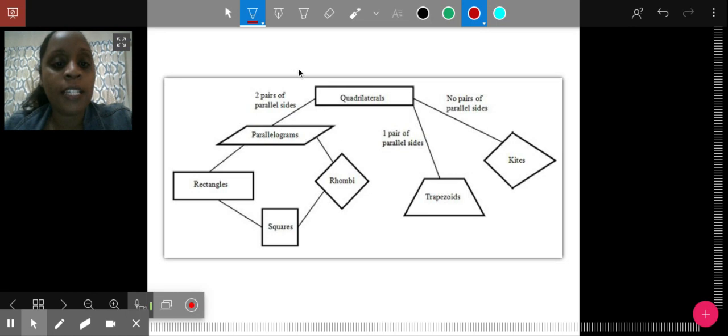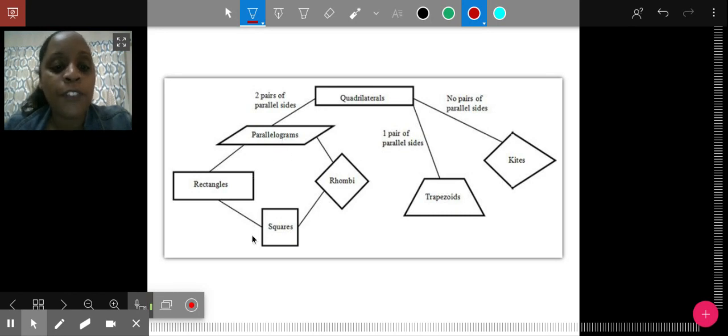Parallelograms, right? All of these quadrilaterals have two pairs of parallel sides. So you have parallelograms, rectangles, rhombi or rhombuses, and squares. These all have two pairs of parallel sides, okay?